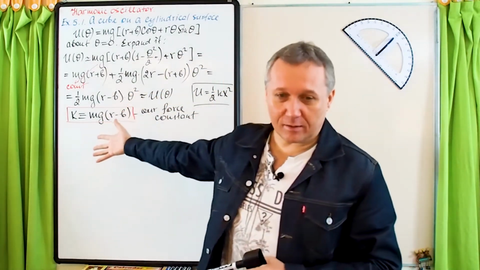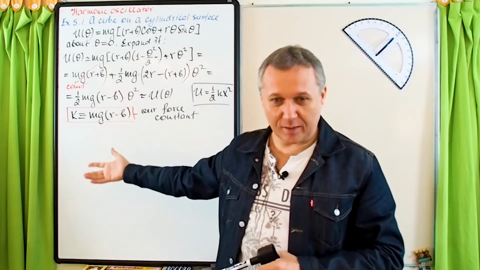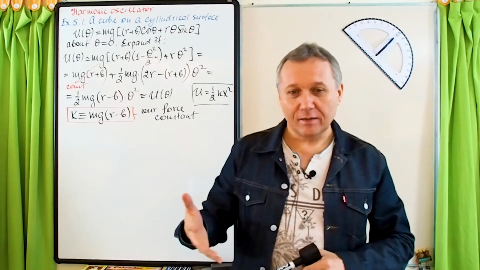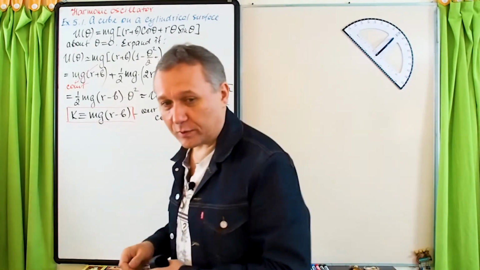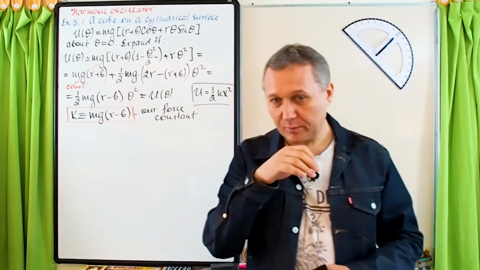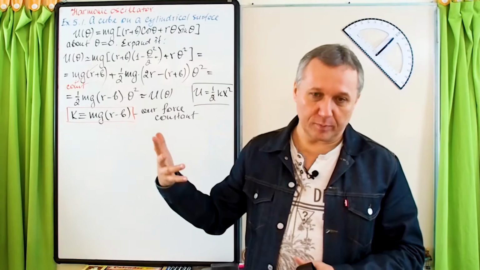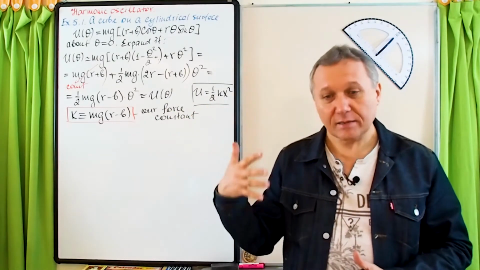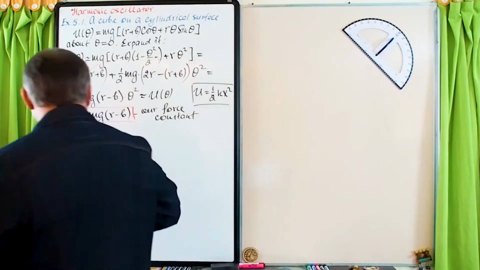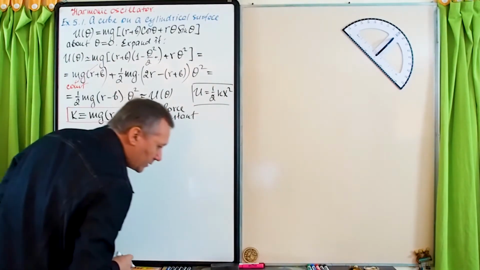We know that k must be positive for a system to be stable. In that case, the system is around a stable equilibrium point, a minimum. Of course, if k is negative, the system is going to be unstable, because in that case it will be around a maximum point or unstable equilibrium.